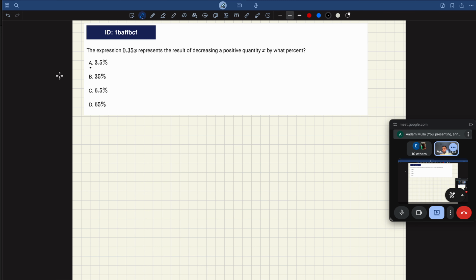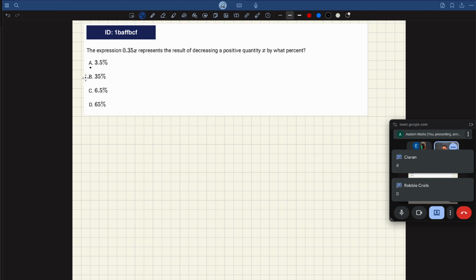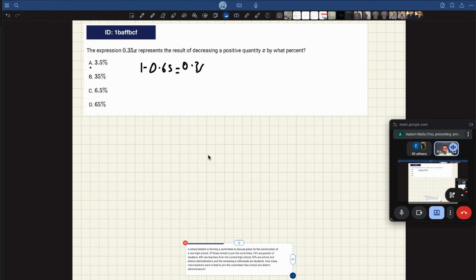Okay, everyone press enter. What letter do you think it is? Yeah, very good. 1 minus 0.65 would give you 0.35, so yeah, it'd be D. That's just quite a simple one.